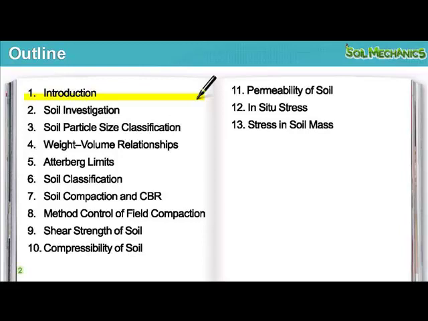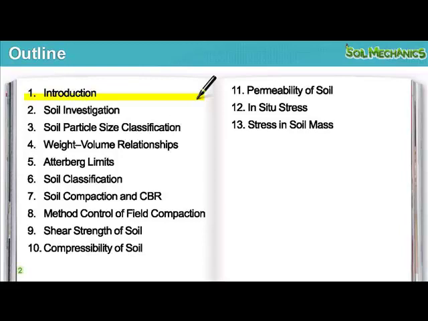So before we construct any structure, especially a road, for every layer we need to compact the soil to reduce pores or increase the unit weight and bearing capacity of the soil.